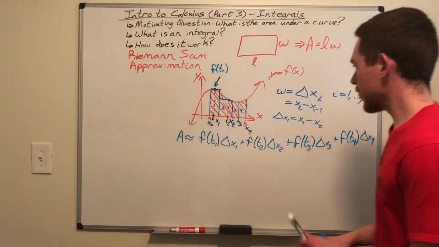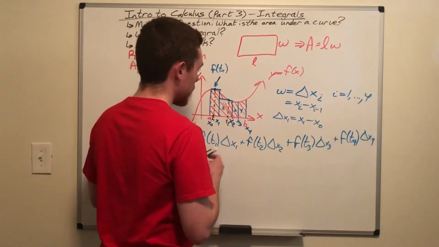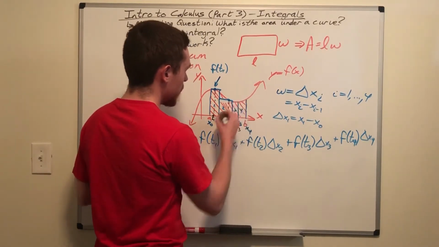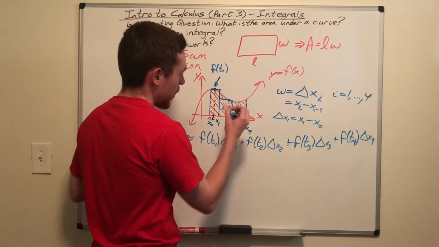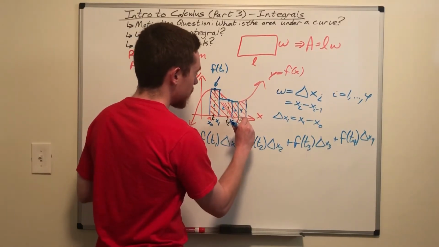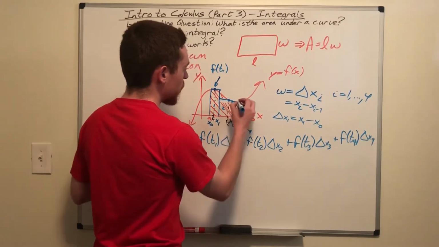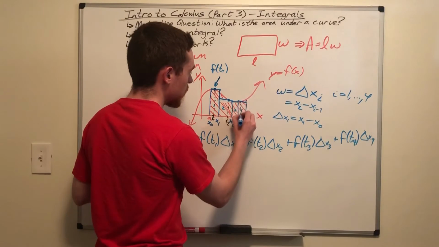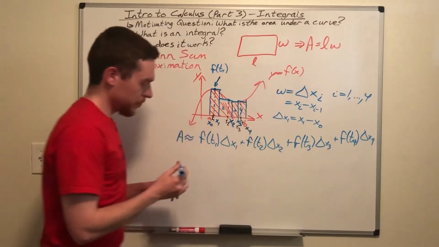Where t3 and t4 again are just our test points, and we can have them line up with x2 or x3. It could be one of the endpoints, but it doesn't have to be. And again, the rectangles can all be of different length. So let's say that's what we got going on.